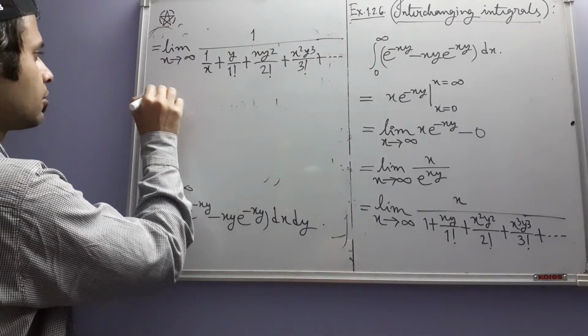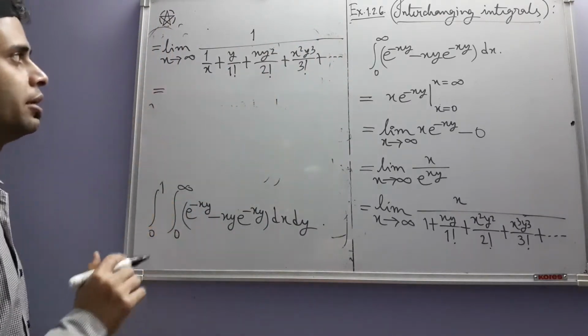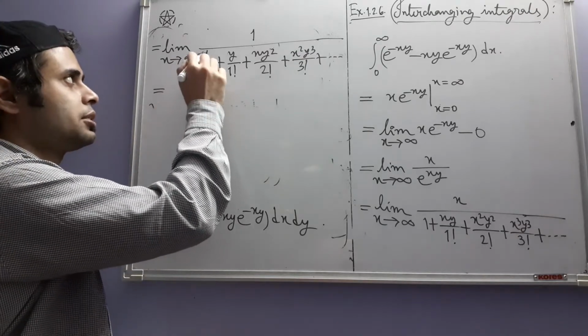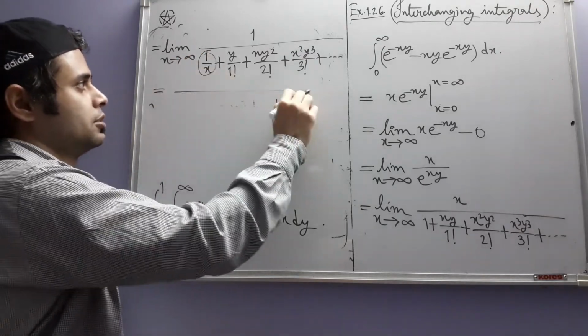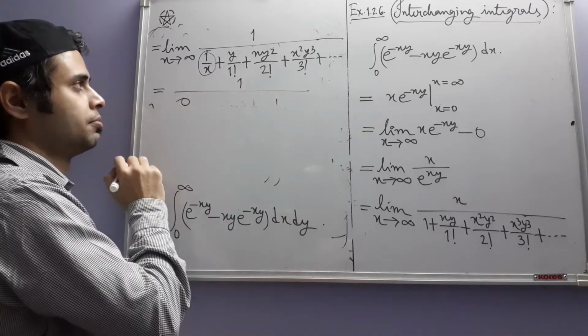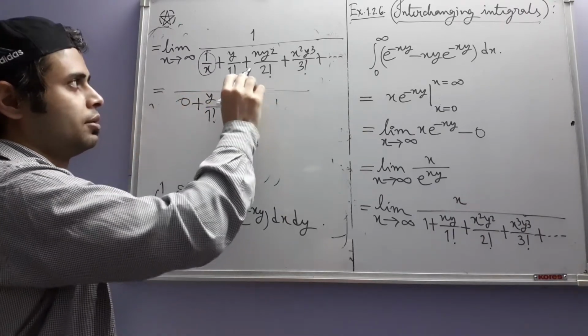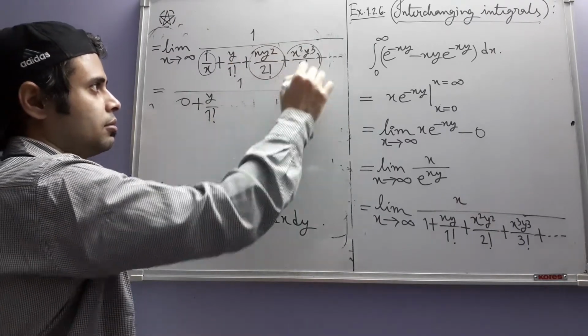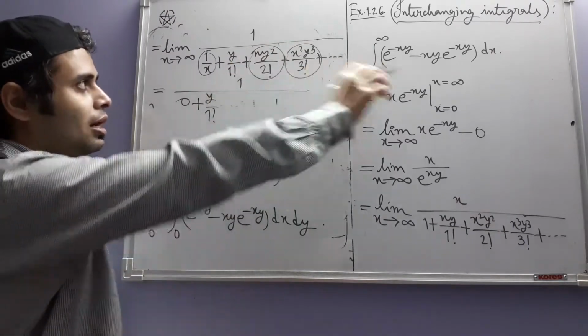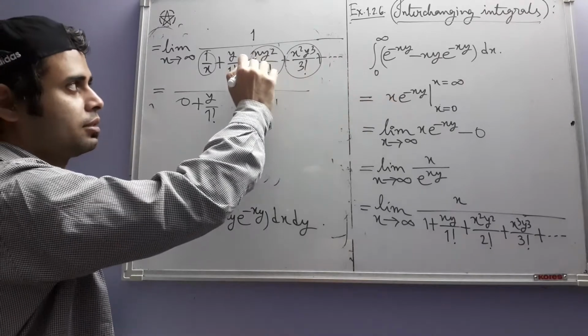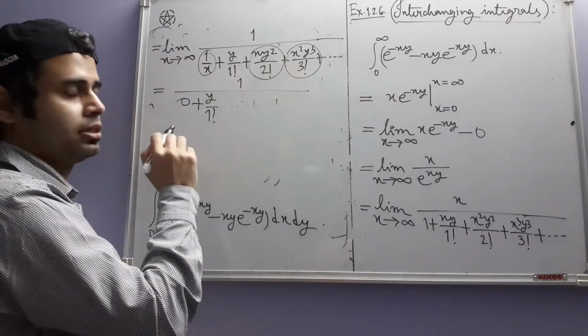Okay. Now if I think of the limit, as x approaches infinity, 1 by x approaches 0 plus y by 1 factorial, the other terms all approach infinity because in them x is in the numerator.